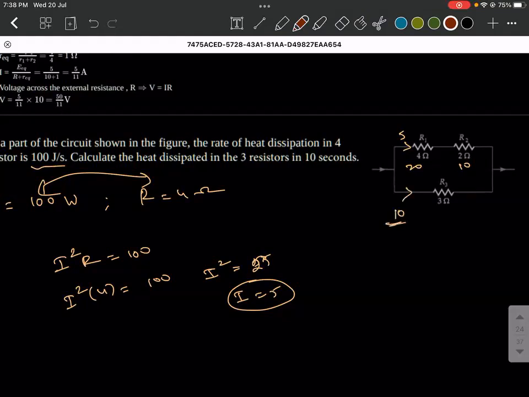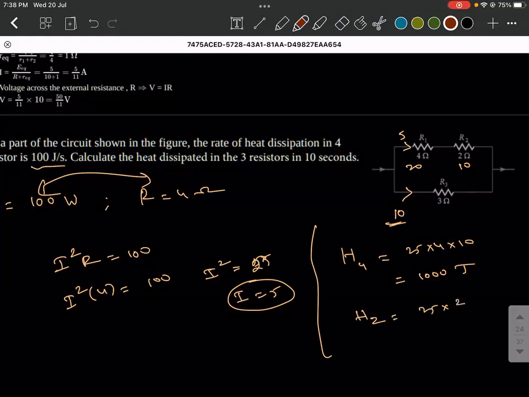That is right. Now you can calculate the heat across each device. So heat across the 4 ohm is how much? I square R T, so 25 into 4 into 10. So 1000 joules. Heat across the 2 ohm is how much? 25 into 2 into 10, which will be 500 joule.